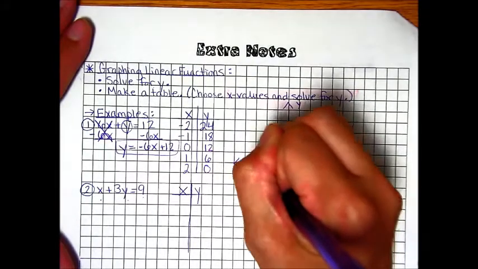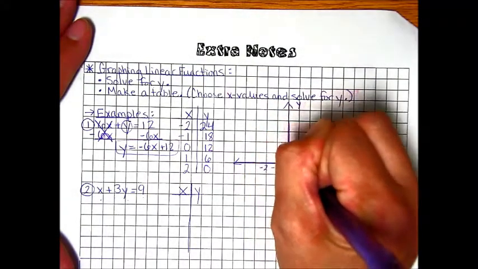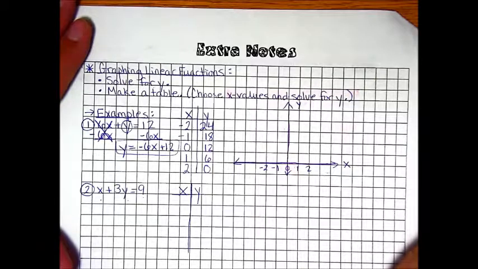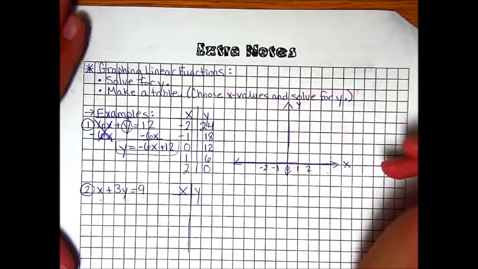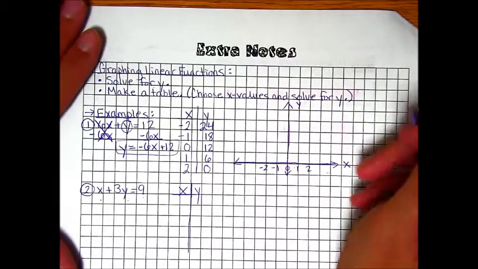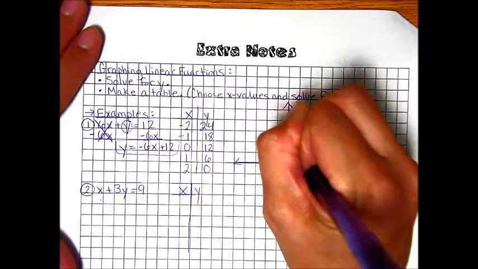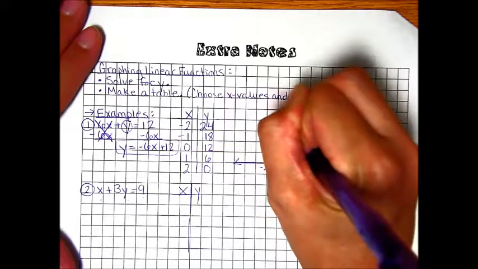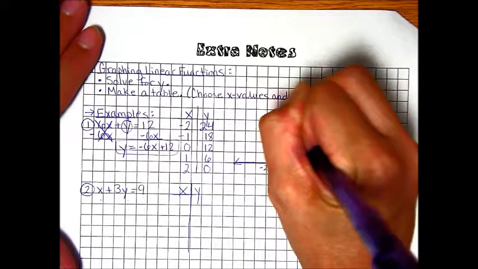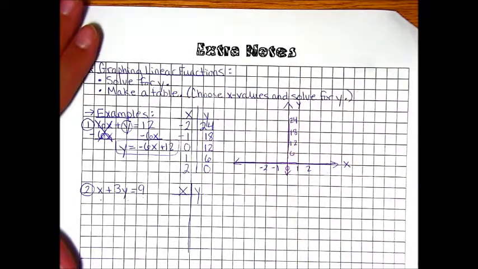On my x-axis I have -2, -1, 0, 1, and 2. And on my y-axis I'm going to do 6, 12, 18, and 24.